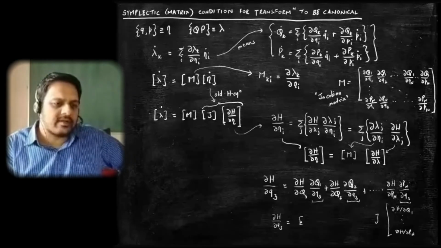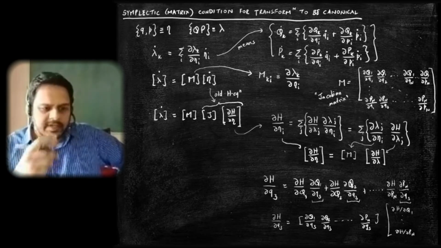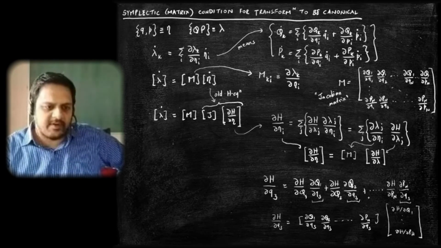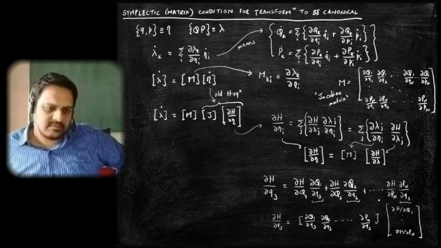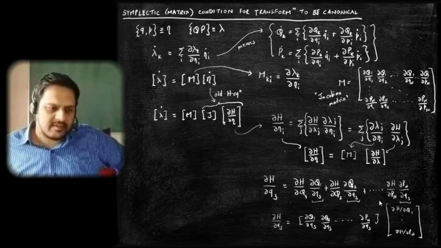What is the row vector which I am multiplying with? ∂Q1/∂q3, ∂Q2/∂q3, dot dot, ∂Pn/∂q3. This makes sense as the matrix form of this equation. Just multiply all the terms and you will get it, correct?